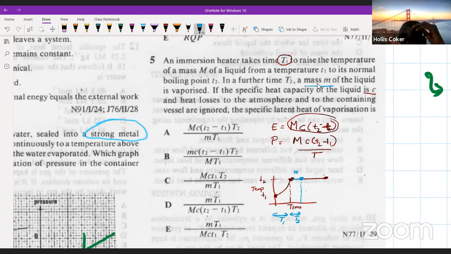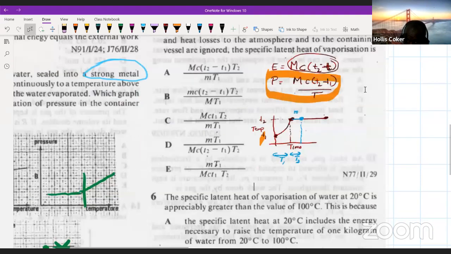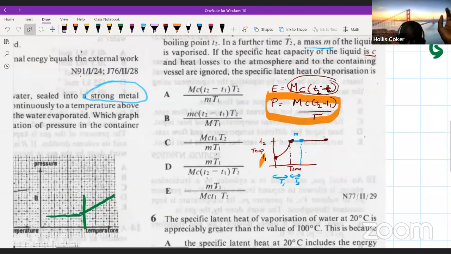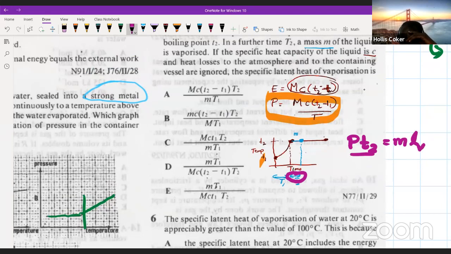So very simple now. I know the power of the heater is P. If I take the power and multiply by the time I'm heating in the vaporizing phase, T2, that is the amount of energy I supply, which is equal to m by specific latent heat of vaporization.